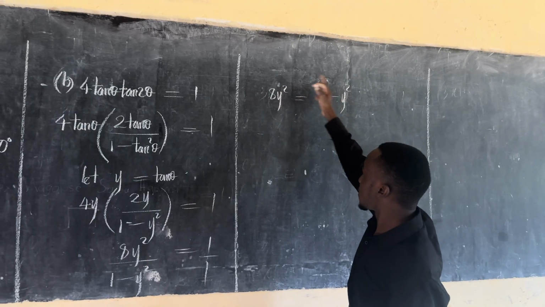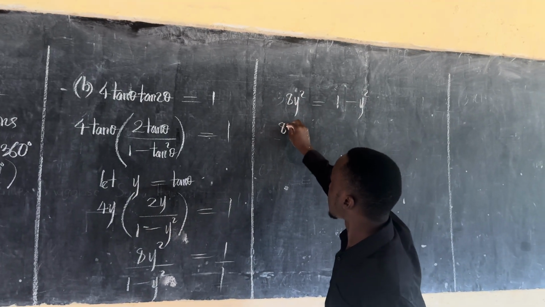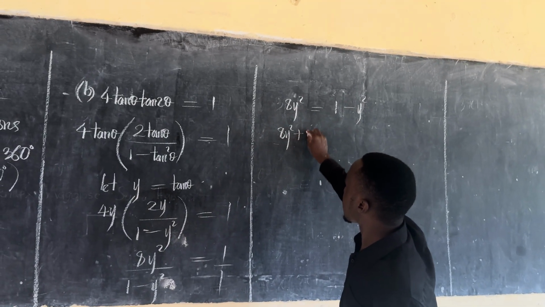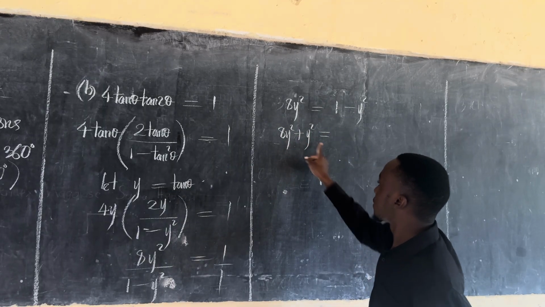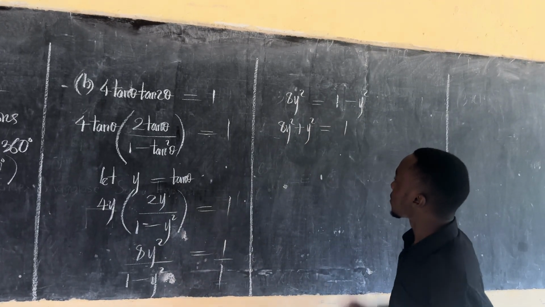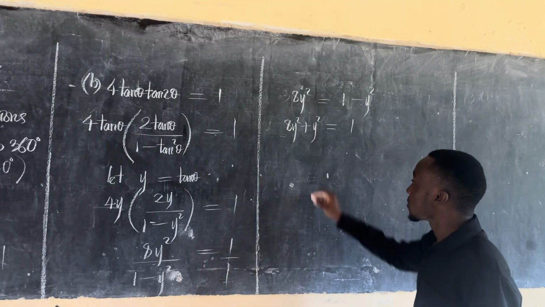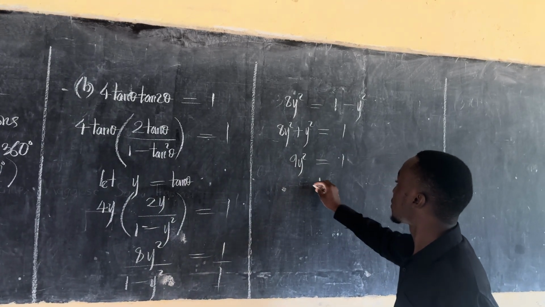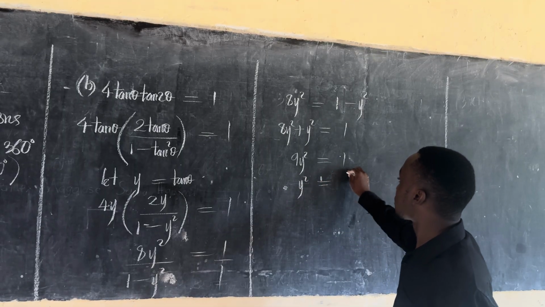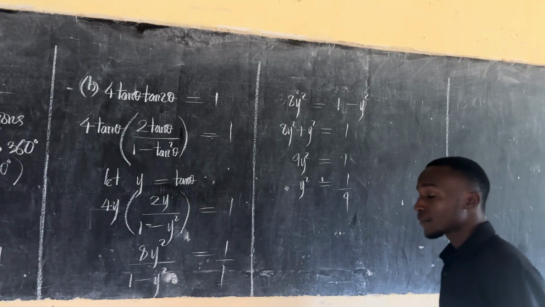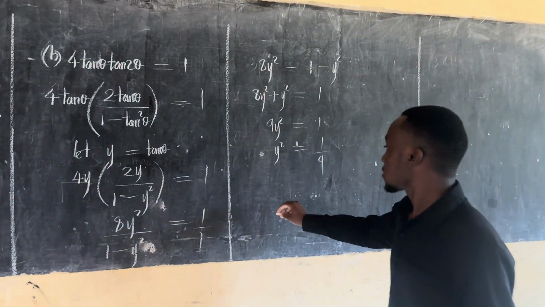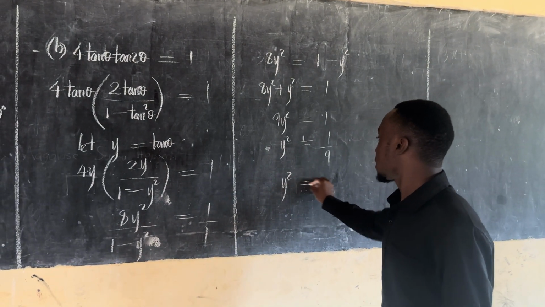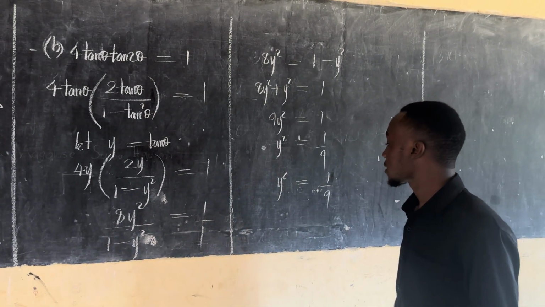Taking this negative y squared to the left gets us this equal to 1, which finally becomes 9y squared equal to 1, y squared equal to 1 over 9. So we take square roots. It is better for me to rewrite this step.